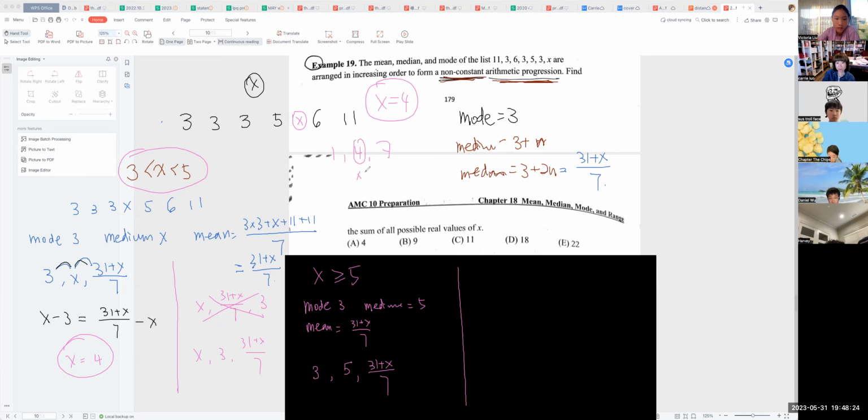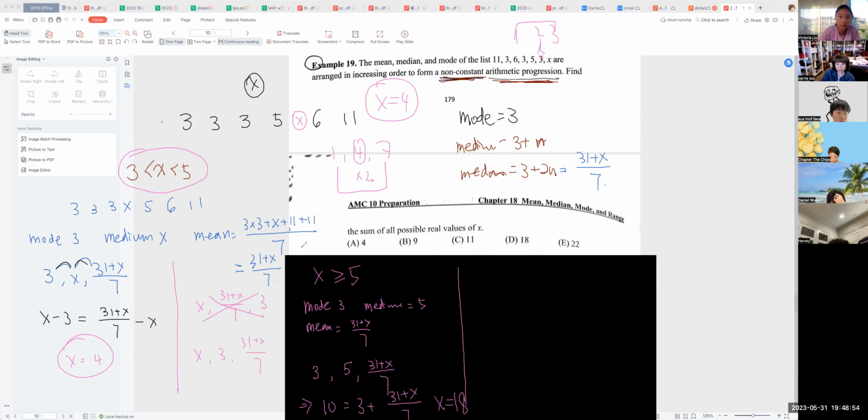The middle number times 2 equals the sum of these two numbers. Right? It's always like that. 1, 2, 3. So 2 times 2 equals 4. So 4 equals 1 plus 3. So I can easily make it 10 equals 3 plus 31 plus x over 7. I'm going to stop here. So which makes x equal 18.